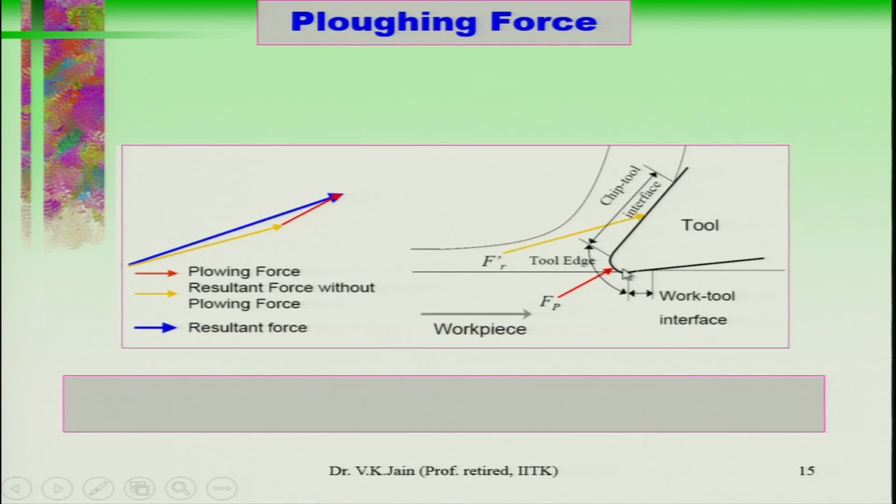And you can see here this portion, the work-tool interface, which is not a desirable one, but due to the elastic recovery and improper design of the cutting tool nomenclature, this kind of interaction takes place, and you can call it the tertiary shear deformation zone, where again due to the frictional forces between the cutting tool and the workpiece surface, heat is generated, and it further raises the temperature of the cutting tool and the workpiece.